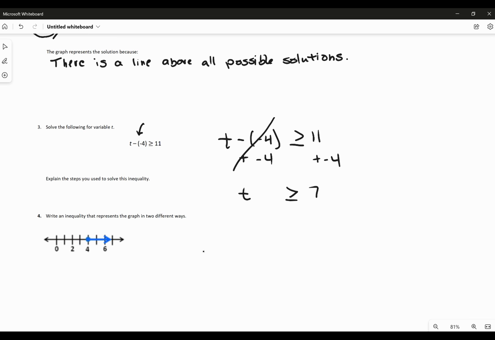So you could rewrite this as t plus 4 is greater than or equal to 11. T is greater than or equal to 7. If you subtract the 4 from both sides, you could just subtract 4. That is more how I would do it, is rewrite it as subtracting a negative is the same as adding a positive, so t plus 4, then just subtract 4.